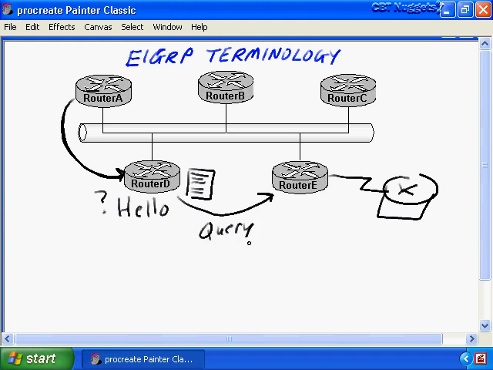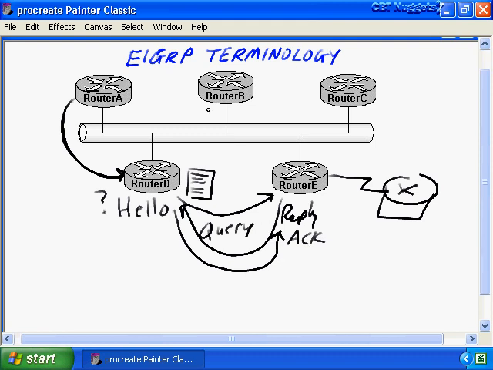And in response to that query, a router is going to send a reply to the query, and then of course an acknowledgement is also going to be made with the hello packet. And it's usually not data, it's just an ACK packet, an ACK.